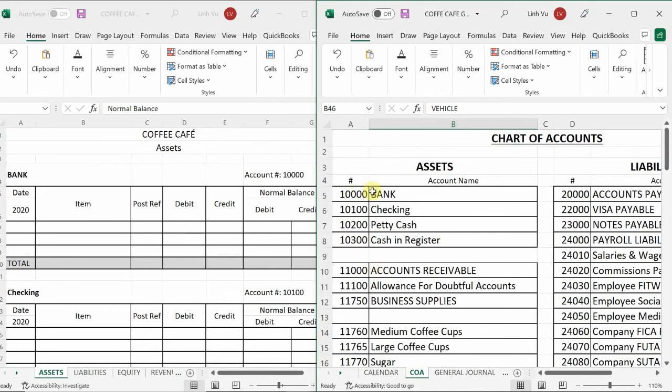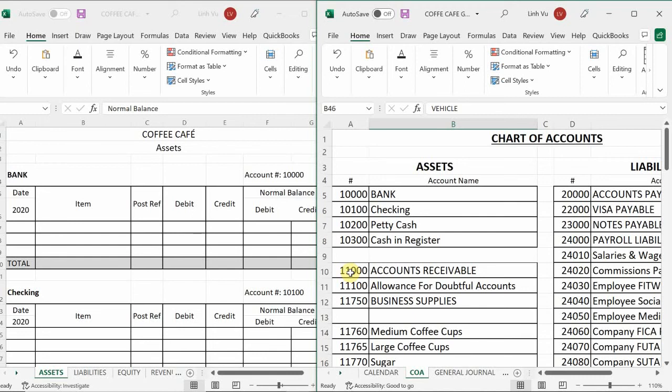So for example, if you look at the numbers, the bank is 10,000. But notice that it's 10,100 your checking, 10,200 your petty cash, 10,300 your cash in register, and then it starts to move on to another main account. So you can see the sequence of numbers here.